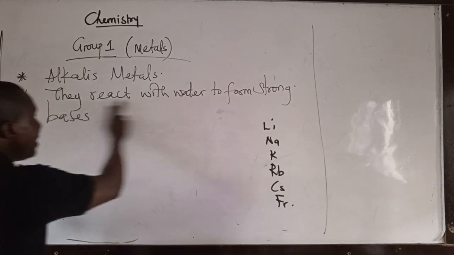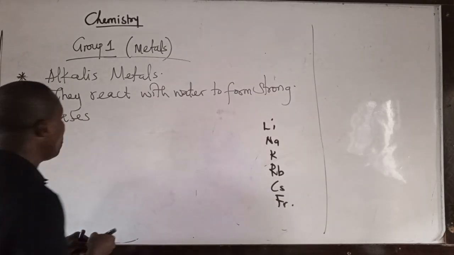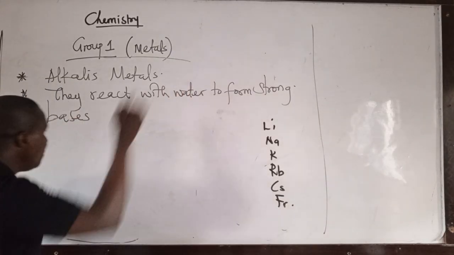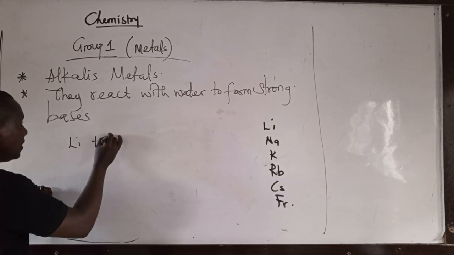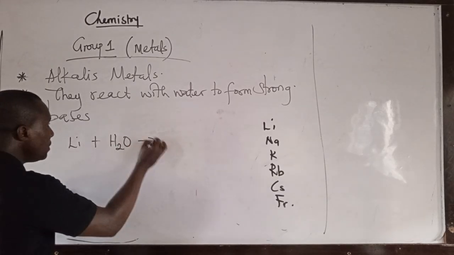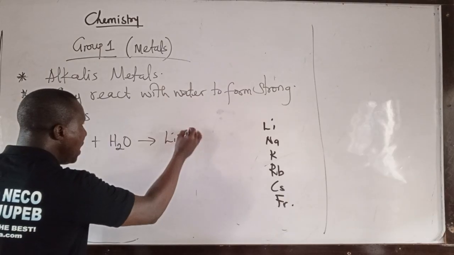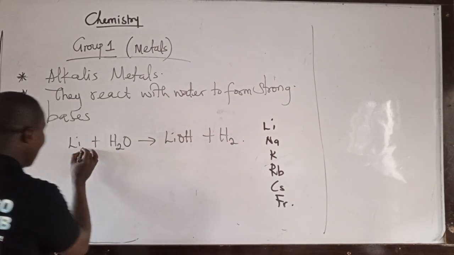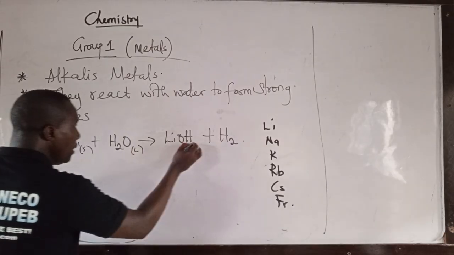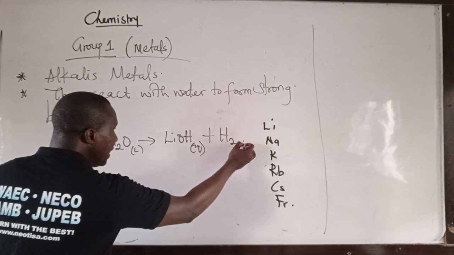Take note. They react with water to form strong bases. That means when you have lithium plus H2O, you form lithium hydroxide with liberation of hydrogen gas, aqueous, then gas.